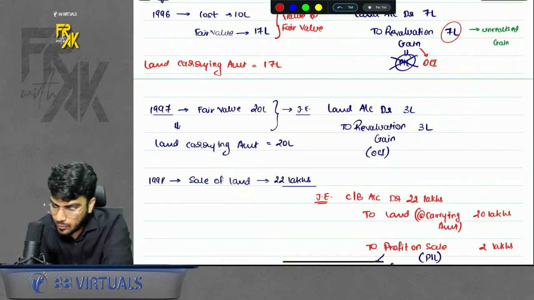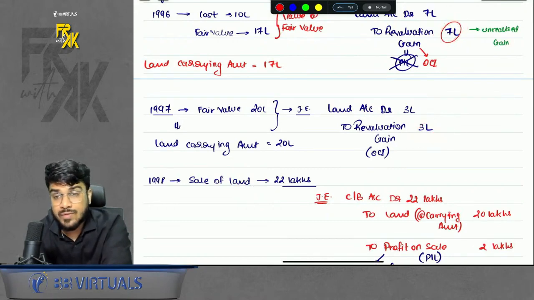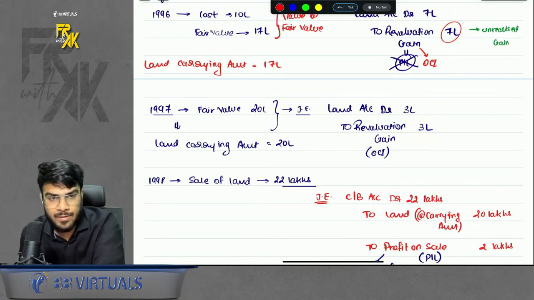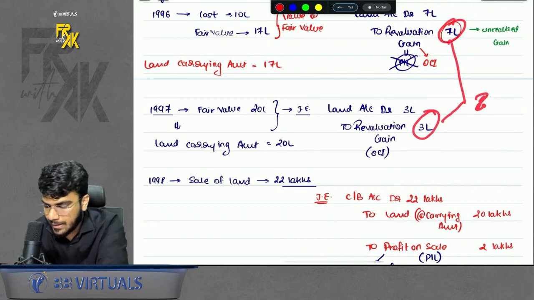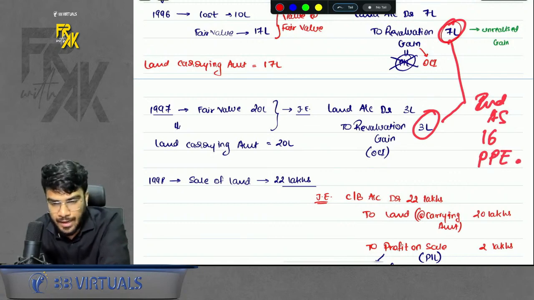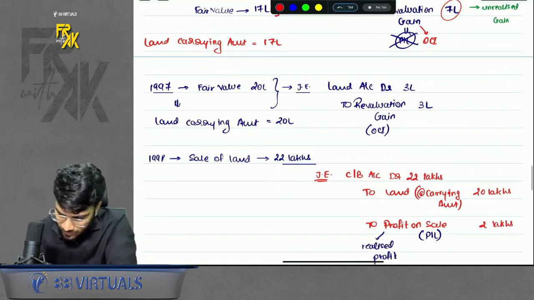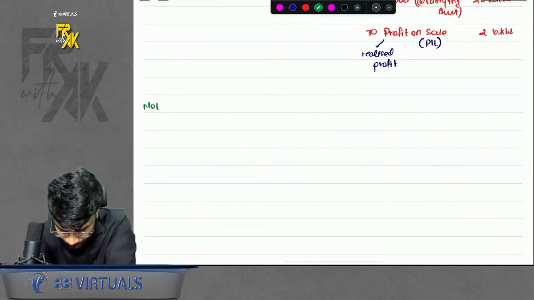So what will happen with the previous 7 lakhs and the previous 3 lakhs, which we booked in OCI as unrealized profit or revaluation gain? This discussion will be done in the respective Ind AS, that is Ind AS 16, which discusses the treatment of revaluation gain in case of land. So we will write a note, because this doubt will definitely arise in your mind.